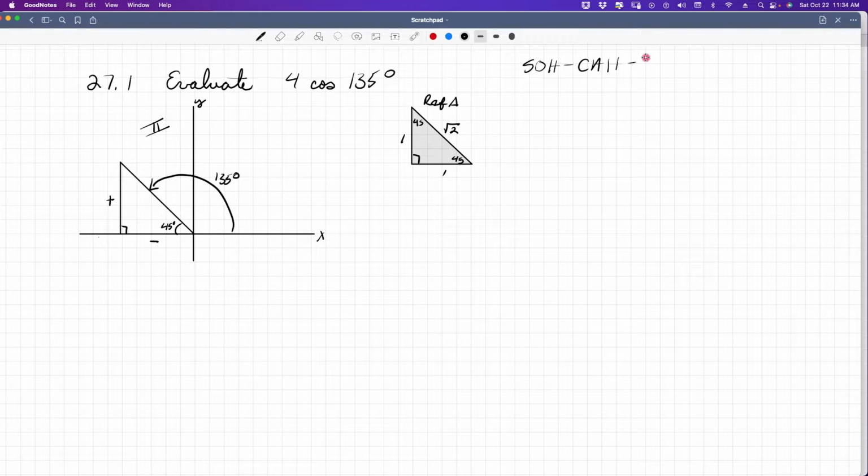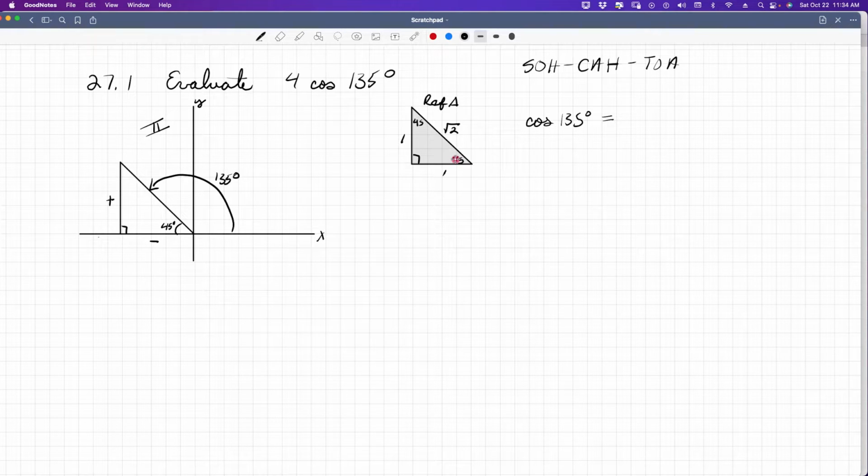It always helps to write that up here to help you remember the formula. And the cosine is adjacent over hypotenuse. So the cosine of 135 is going to be the adjacent, and the adjacent, here's our angle, is 45.